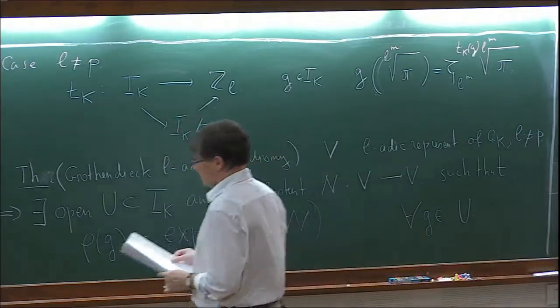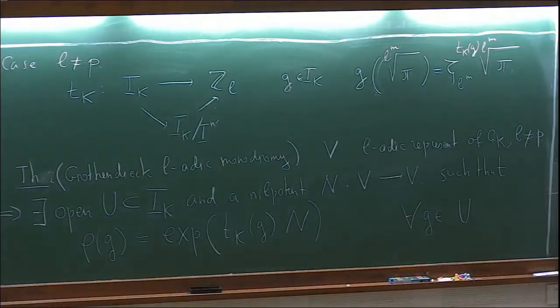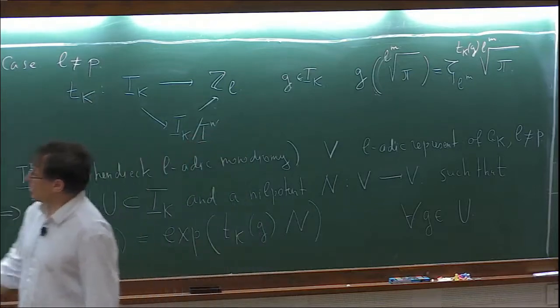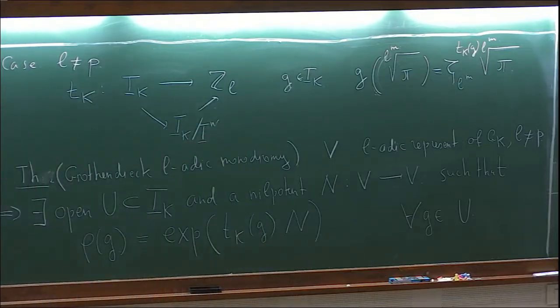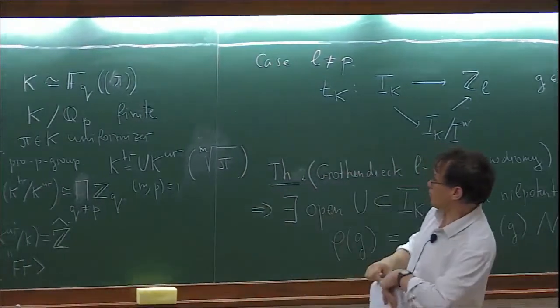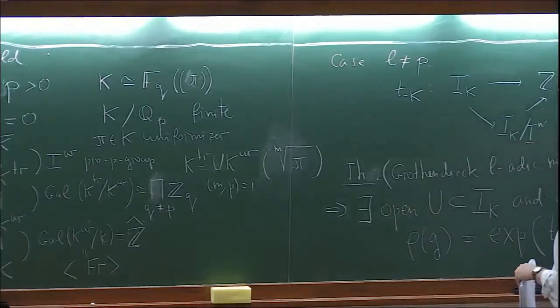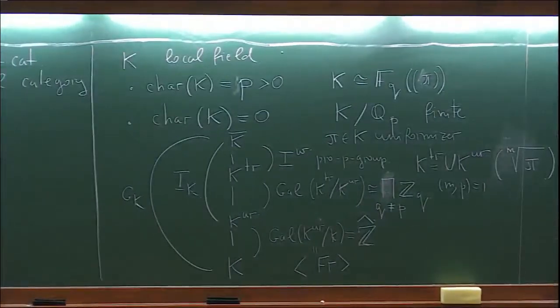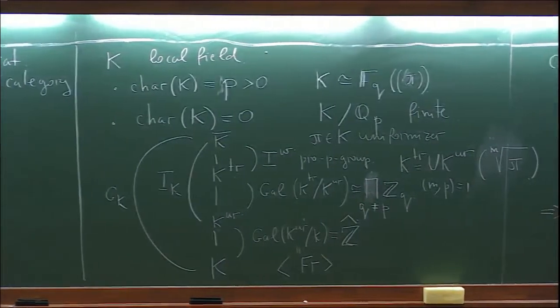So the idea of a proof is very simple, because if L is different from P, the restriction of representation on the inertia, on the wild inertia group factors through a finite quotient, because L is different from P, and this map should be continuous, and p-adic topology is not compatible with l-adic topology.